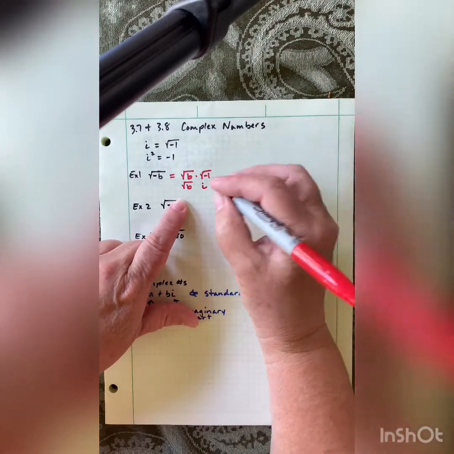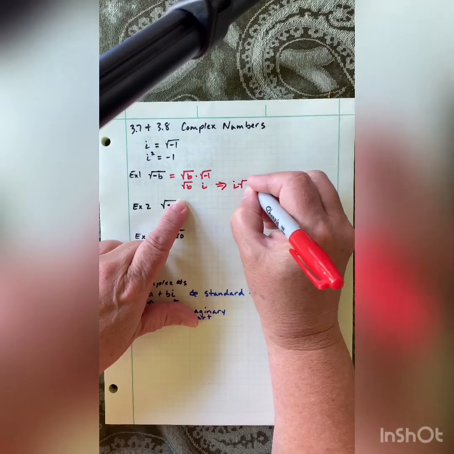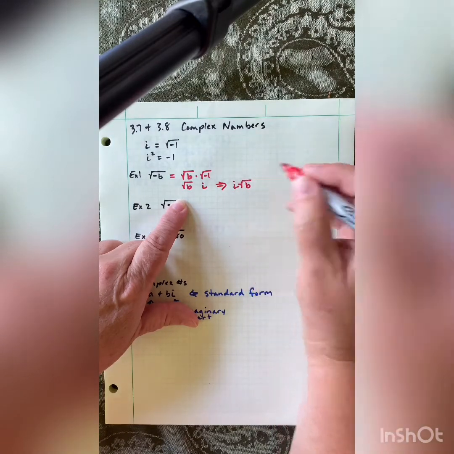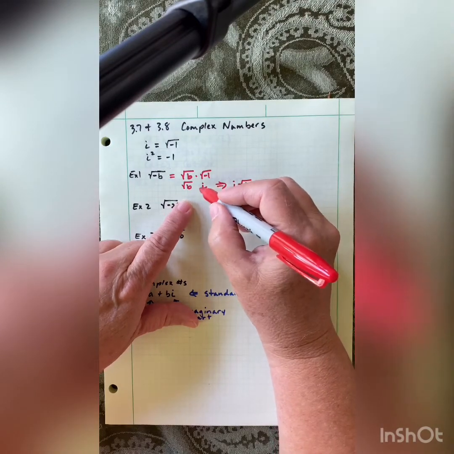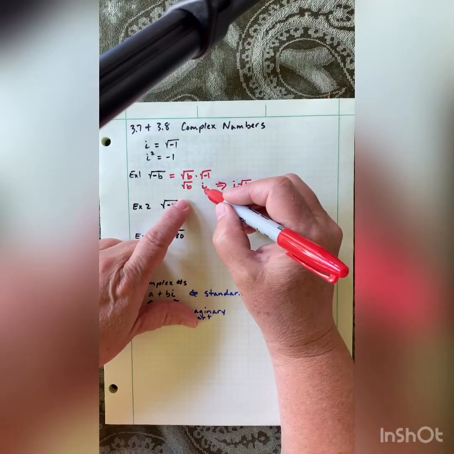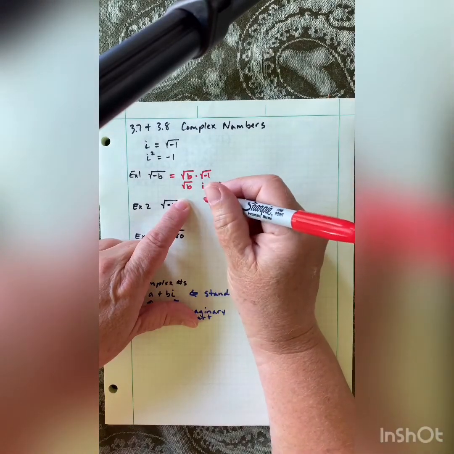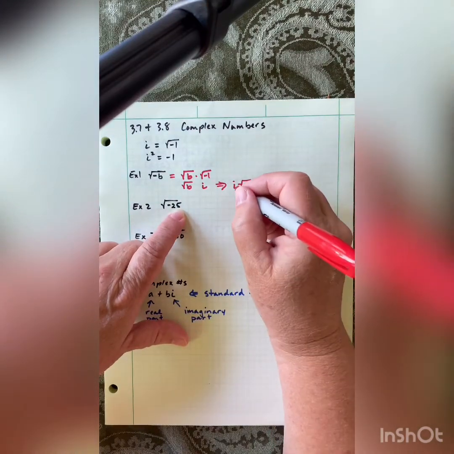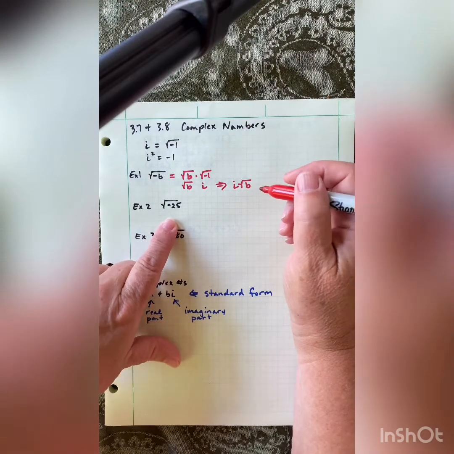And then we write it as i square root of b. I like to put the i first because if you have it back behind it, sometimes they get real close together and you're thinking, is that negative, or is that i underneath the radical or not under the radical? Don't know. Up here, I know for sure that it is not underneath the radical.